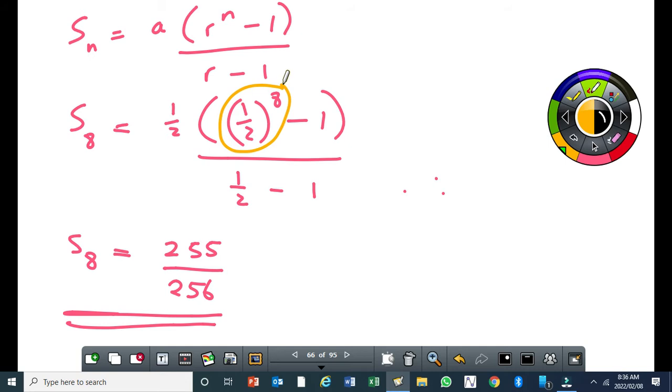It's what? 256. So you are going to add 1 over 256 minus 1. It will give you a negative answer. Then in the denominator, you also have a half minus 1. That's another negative. So the two negatives cancel out. Eventually, the answer has to be what? A positive. Okay?